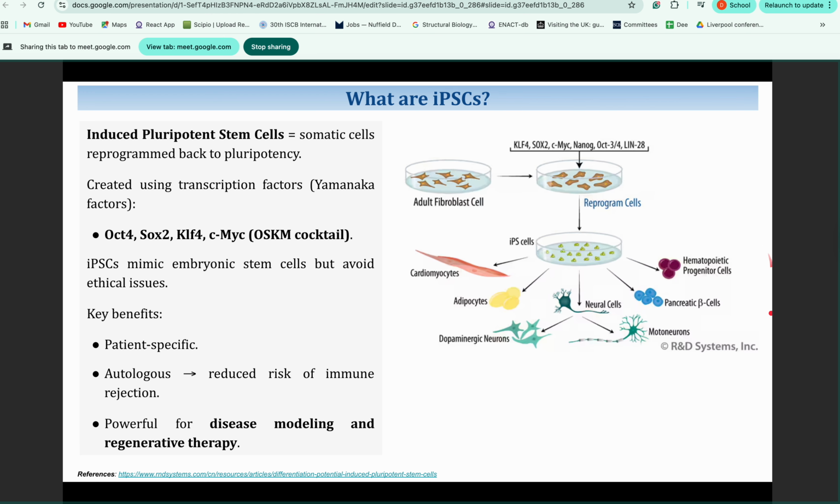So we are reprogramming the fate of these cells. We are inducing pluripotency into these cells with the help of this cocktail of Yamanaka factors, the transcription factors, so this type of induced pluripotency comes into the induced pluripotent stem cell category.